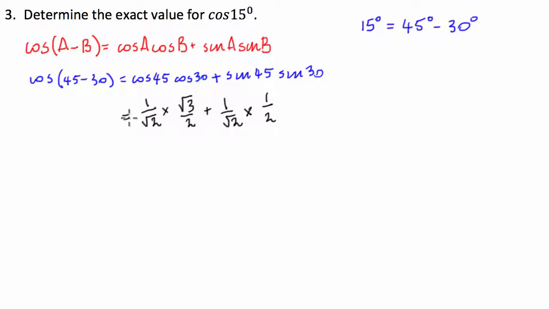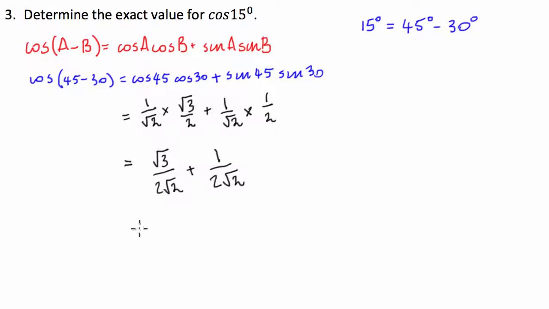So if we multiply these together, we start with 1 times square root of 3 is square root of 3 over 2 times square root of 2 is 2 root 2, added to 1 times 1, would you believe, is 1 over, again, 2 square root 2.